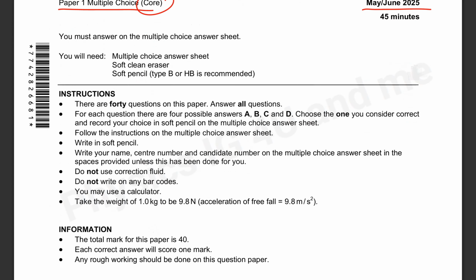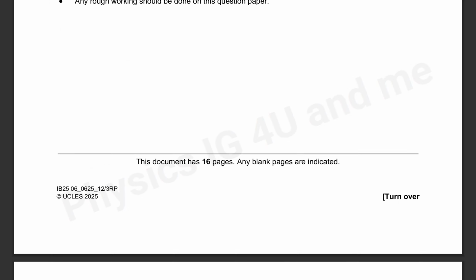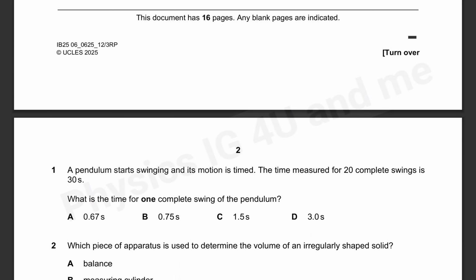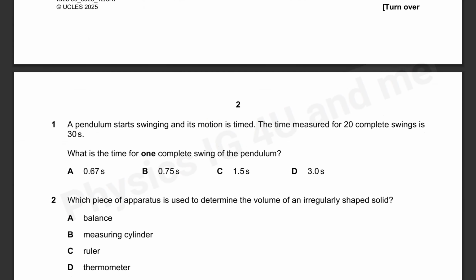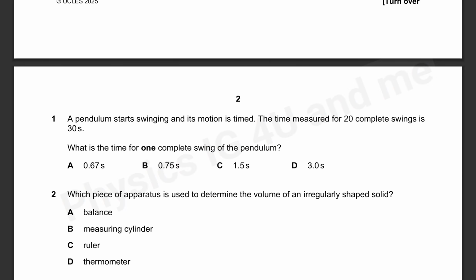We start with question 1, which says, a pendulum starts swinging and its motion is timed. The time measured for 20 complete swings is 30 seconds. So this is the number of swings and this is the total time.